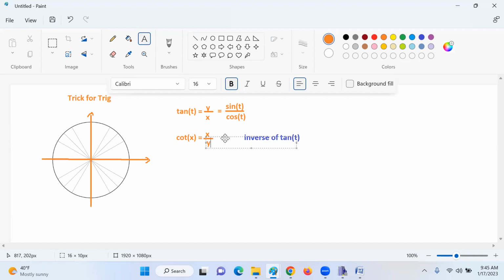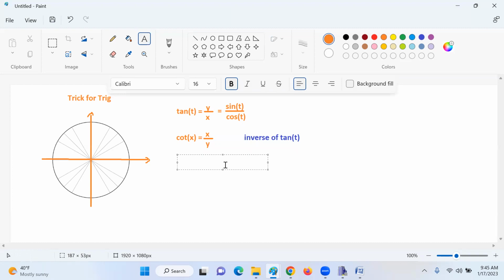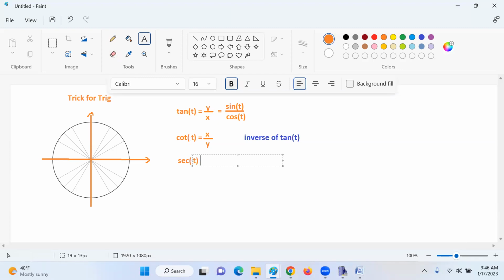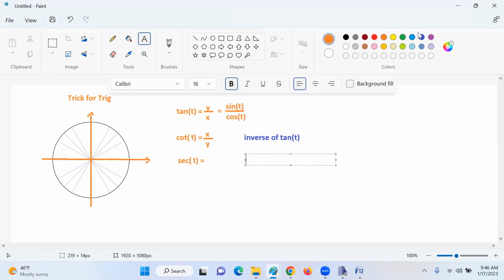And then we also have the secant of t. I can't use x because I can't use the angle as x, so we use t. The secant is literally the inverse of the cosine, which is the inverse of x.